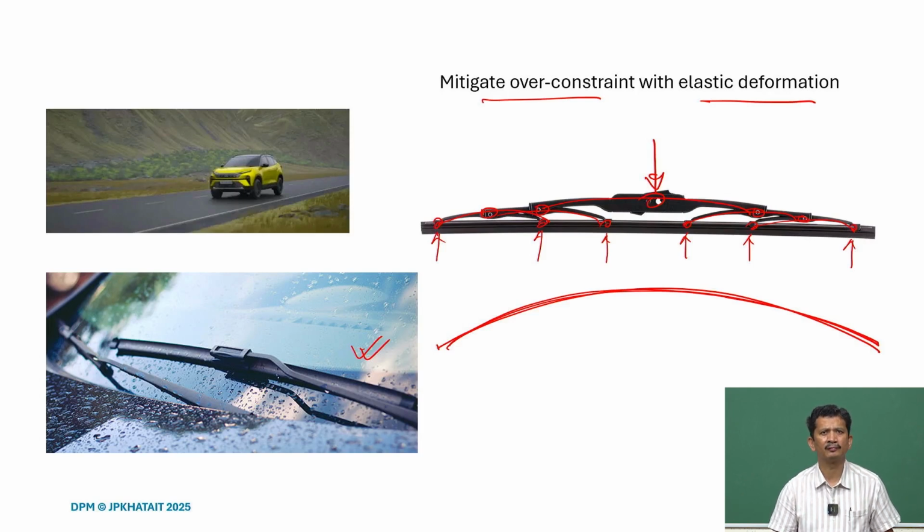So, in robotics or in kinematics, many times we call it under actuated systems, or we can say there are many redundant degrees of freedom. But again, if we talk in terms of machines, it is mitigating over constraint with the elastic deformations, and in some of the latest designs what you see is not some kind of pin joints, but just hinges, and it can be made with just one piece with injection molding.